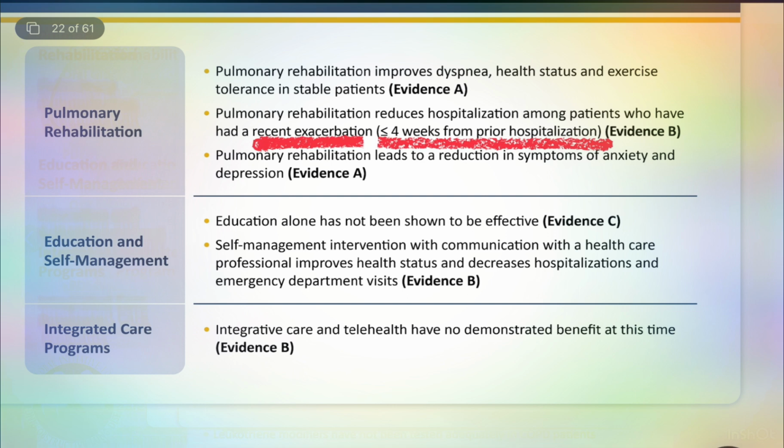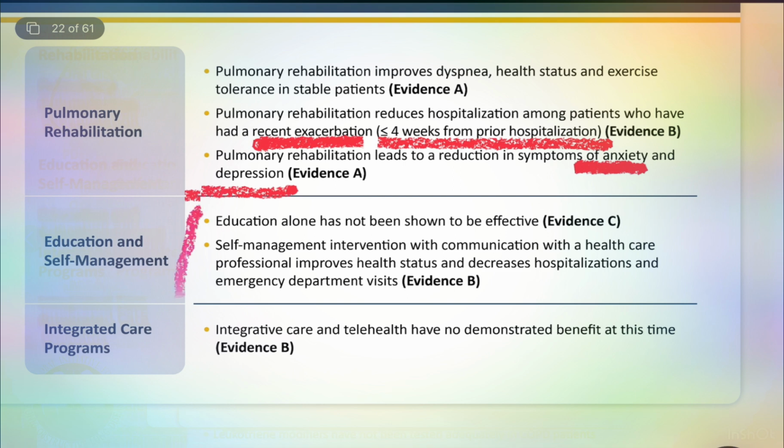If within 4 weeks the patient had another exacerbation, in those patients pulmonary rehabilitation reduces hospitalization. Pulmonary rehabilitation leads to a reduction in symptoms of anxiety and depression.